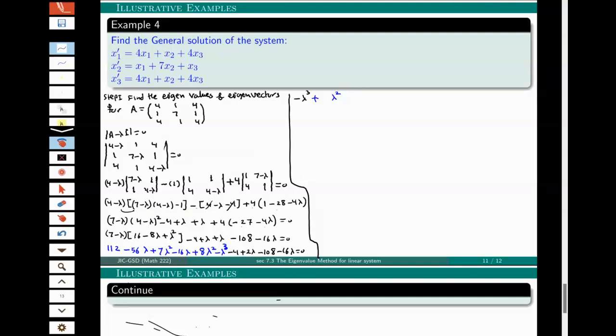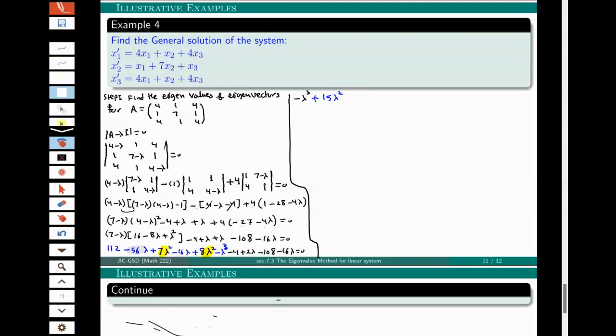Now I will group the similar ones. So I have, first of all, just minus lambda cubed, and for lambda squared, I will have here 7 plus 8, which is 15. So that will be 15 lambda squared. Then for lambda, I have minus 56.